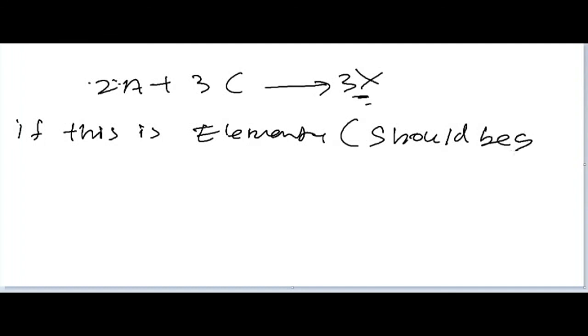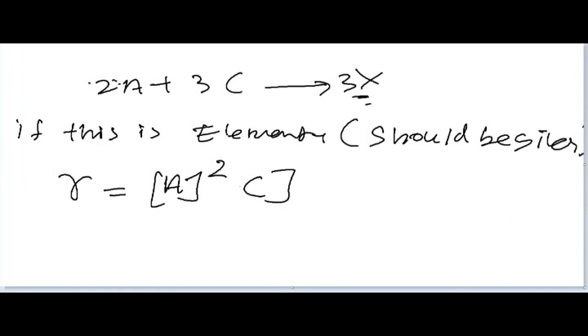In the exam also it should be given, if not you don't know. If this is an elementary reaction, then we can write rate as the concentration of A to the power of its stoichiometric coefficient, times the concentration of C to the power of its stoichiometric coefficient, times the rate constant. This is only applicable if it is an elementary reaction.